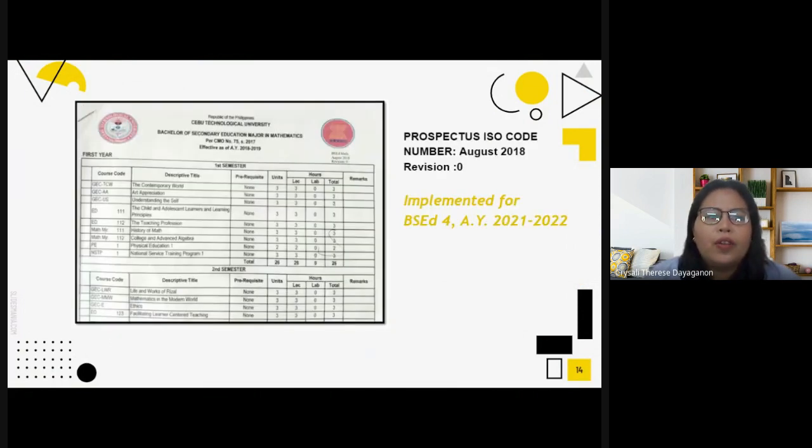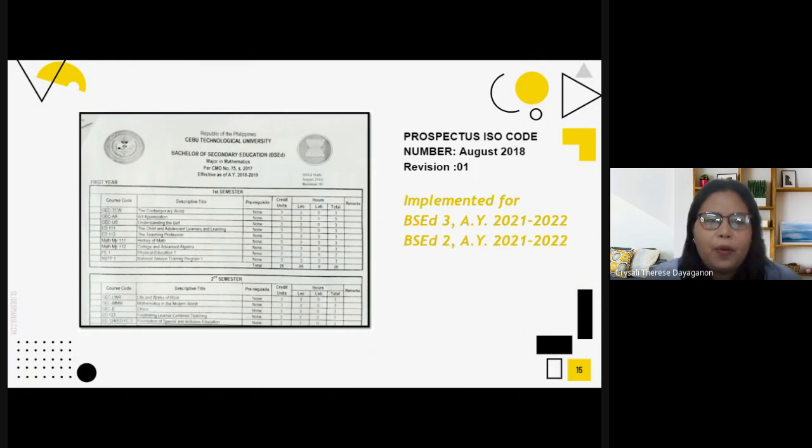Okay, so for the BSEd prospectus, we actually have three different revisions that are implemented. First is for the first batch, who are already BSEd fourth year now. So they are actually using the revision zero.